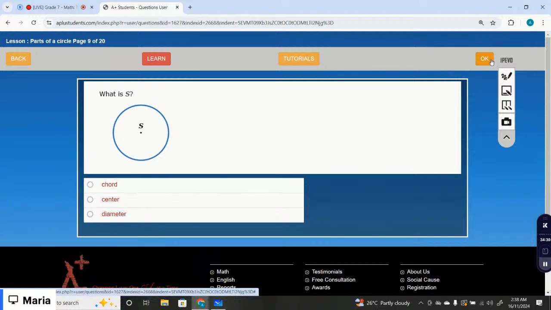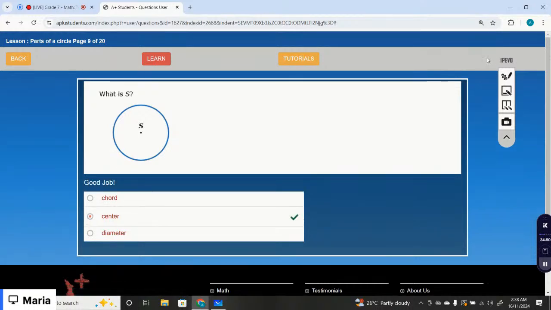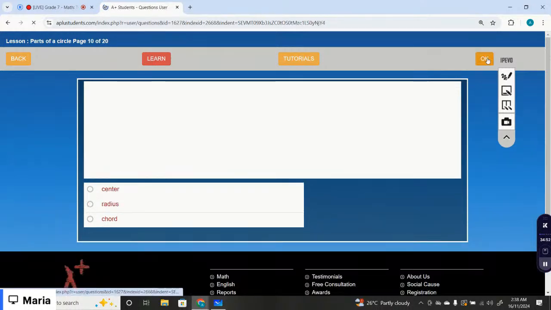What is S? S is the center of the circle. The correct option is option number 2. That is the center of the circle. What is OP, which is the correct option?